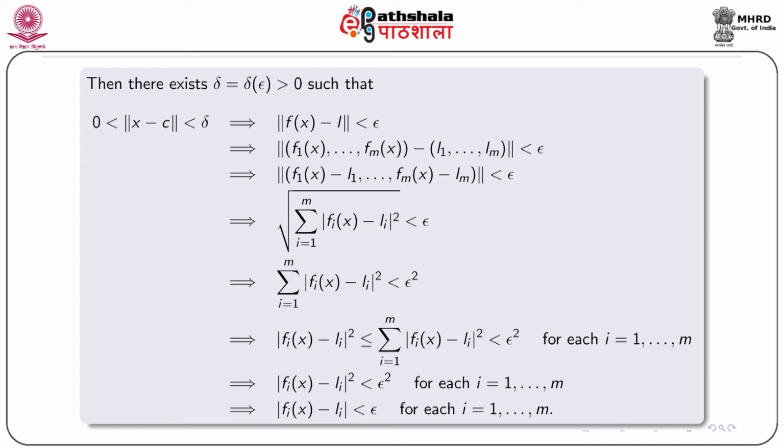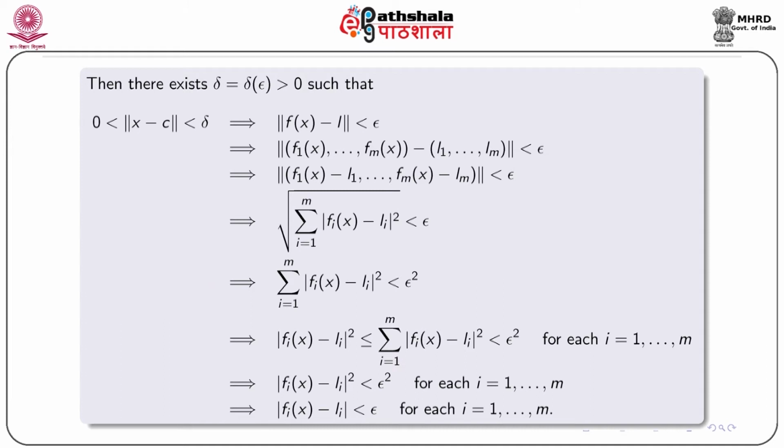We write down the value of the norm, that is, the non-negative square root of summation i from 1 to m of mod fi(x) minus Li squared, less than epsilon. Squaring both sides, we have summation i equal to 1 to m of modulus of fi(x) minus Li squared less than epsilon squared.